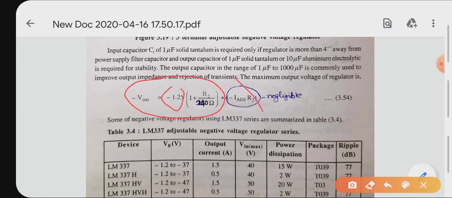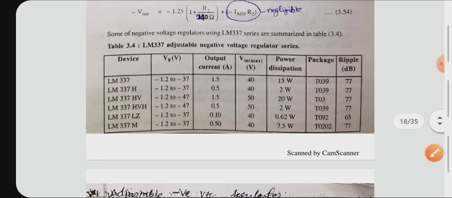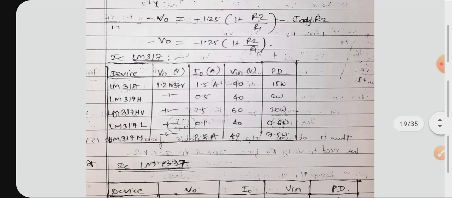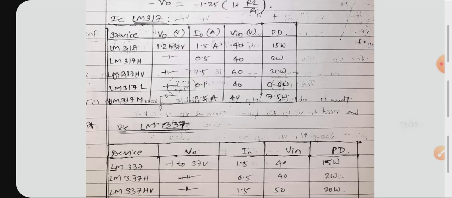You can neglect I adjust, it is very small, negligible. So keep in mind the formula: minus VO is equal to minus 1.25 in bracket 1 plus R2 by 240 ohm. Various options are available for 337. Similarly, various options are available for 317 also, with output voltage, output current, V in, power dissipation, etc.